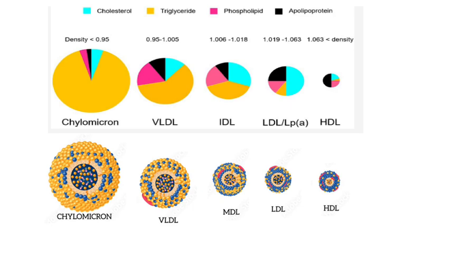When we do a lipid profile test, we usually determine the different levels of the types of lipoprotein. So we have here an illustration showing the proportion of the cholesterol, triglyceride, phospholipid, as well as apolipoprotein component in each of the different molecules present in our blood.